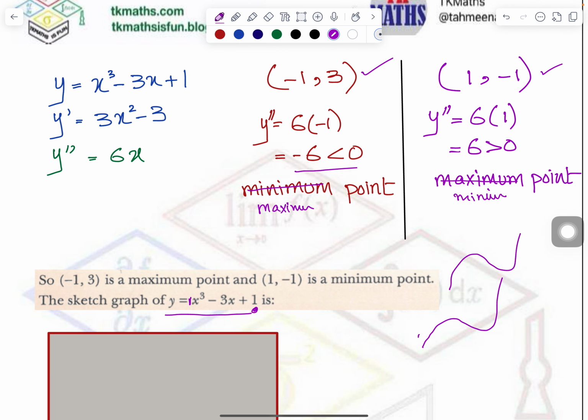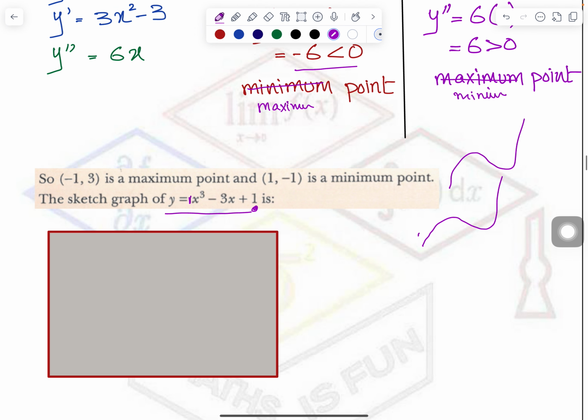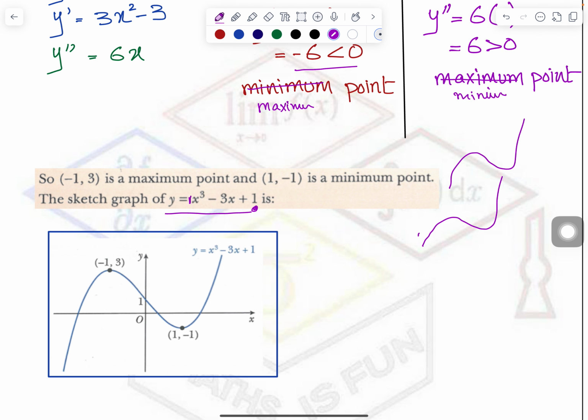It could be anything but like this. So let's see here. So what is happening here? This point is marked, this point is marked, and this point is marked. So after that, what is left? Nothing. You just have to give it a shape like this.